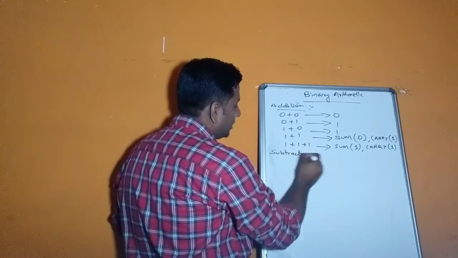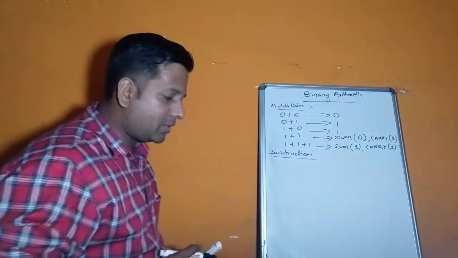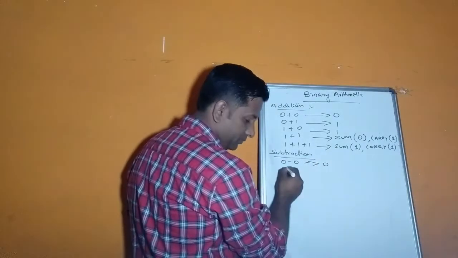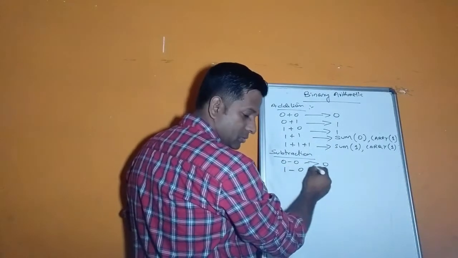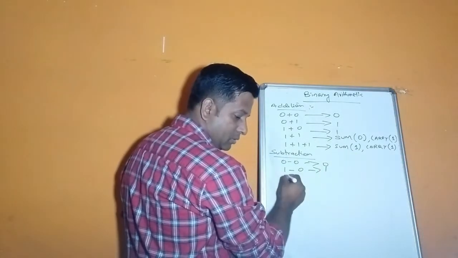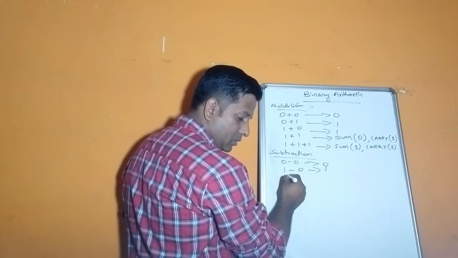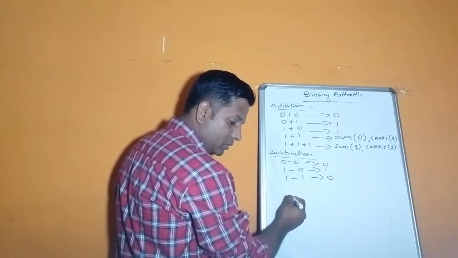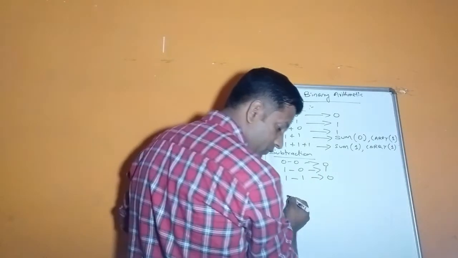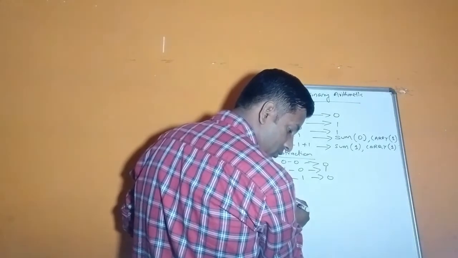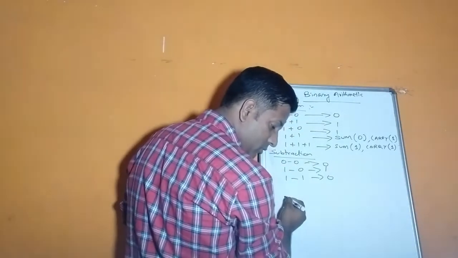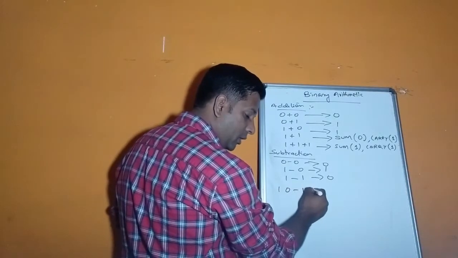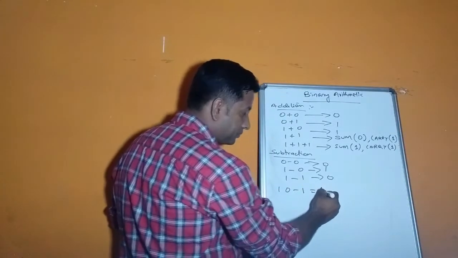Binary subtraction. 0 minus 0, that is 0. 1 minus 0, 1. 1 minus 1, 0. That is 1, 0 minus 1 is 1.